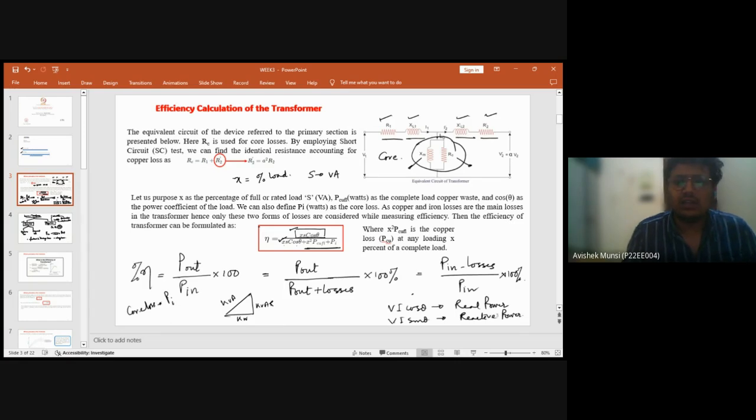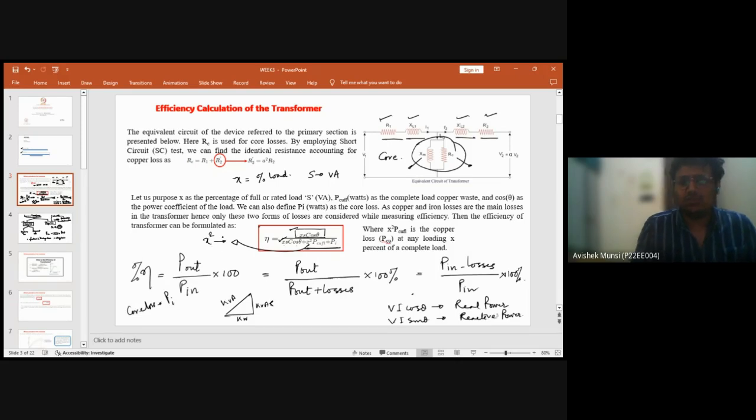But as I said, copper loss is basically the I square R loss, and if we are operating the transformer at less than the rated current, then obviously the I square R losses will change. So the factor X square comes here in case of the copper losses.